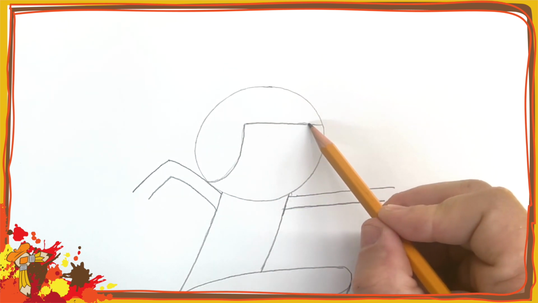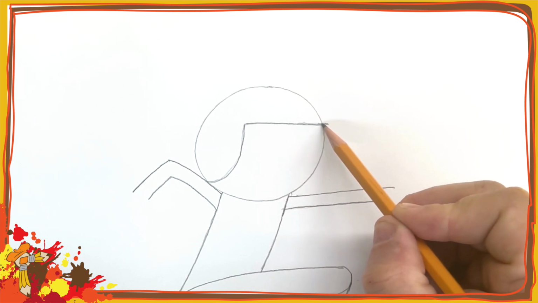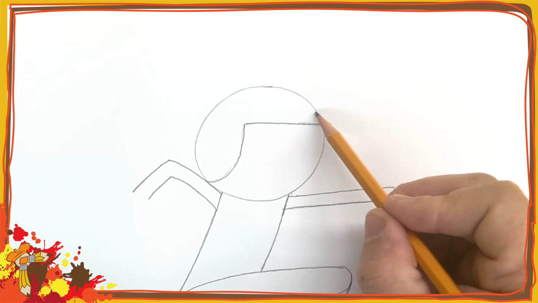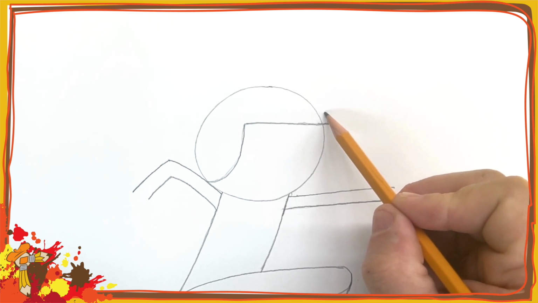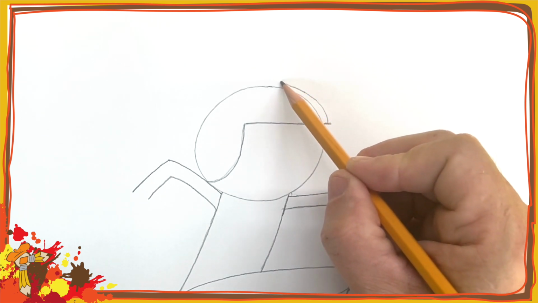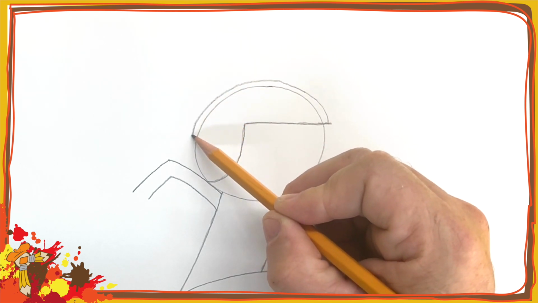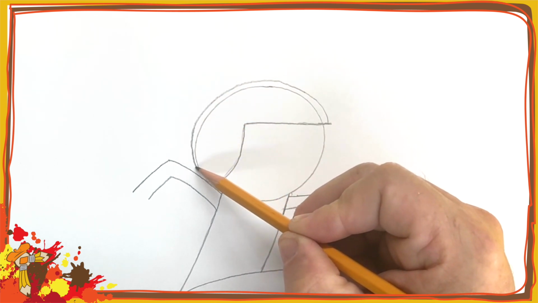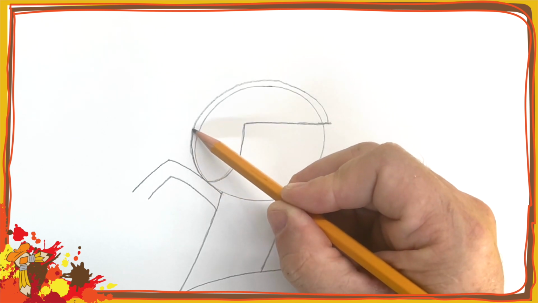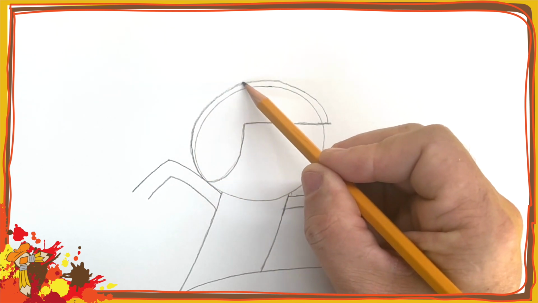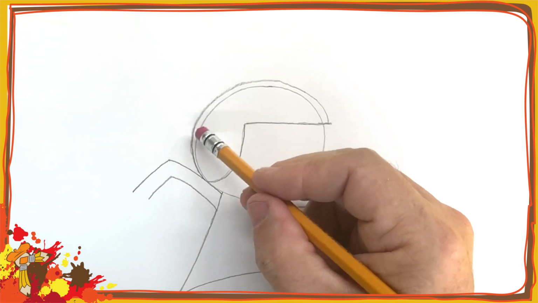So we're going to follow this line back out, just like that right there, and then follow the curve of his head. Right on top, just like that, all the way around, and then bring it right back into this left side here. So we want his helmet to be a little bit larger than the head, and then we can erase this line here.